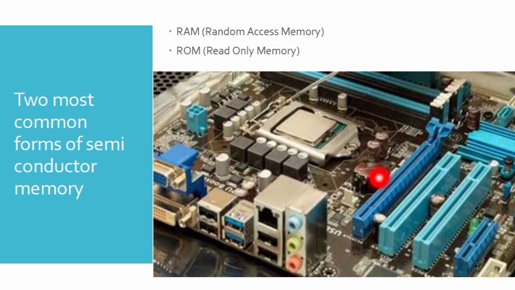As you switch off your system, the memory gets erased. That's why RAM is a primary storage memory. Whereas in case of ROM, the data or the instructions fed in it don't get erased on switching off the system. This is the slot for RAM, and here you can plug in your pen drives or auxiliary cables, and this is for the signal cable.